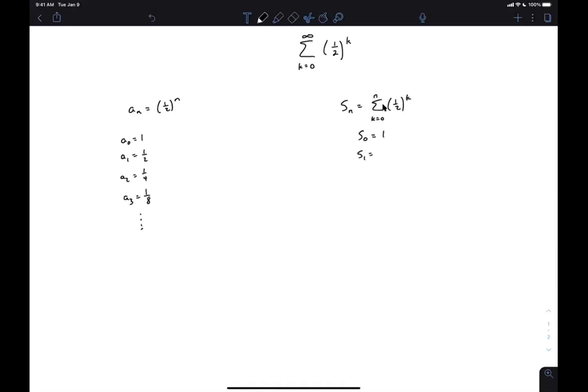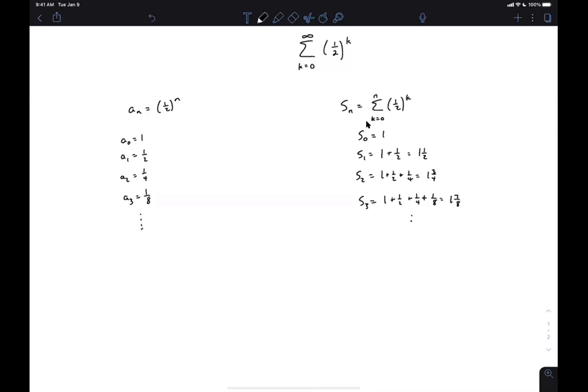It's like if you plug in 0, plug in 1, and add them up. So you get 1 plus 1/2, which is 1.5, and S2 is 1 plus 1/2 plus 1/4, which is 1 3/4, and then S3 is 1 plus 1/2 plus 1/4 plus 1/8. You're adding the terms from the sequence that I've got on the left-hand side of the screen.